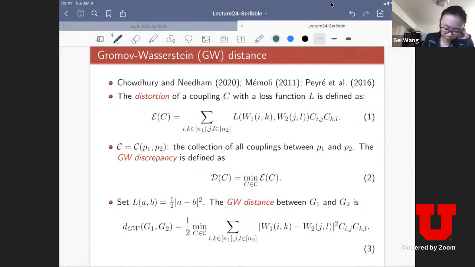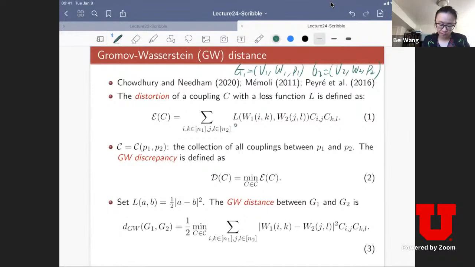But let's say I have two graphs. In this case, we're using graphs, and a tree is a special type of graph. I have G1 with V1, W1, P1, and G2 with V2, W2, P2. So it's vertices, weight, and probability. The distortion of a coupling between these two is a sum over essentially all pairs of edges that are in some sense matched to one another.